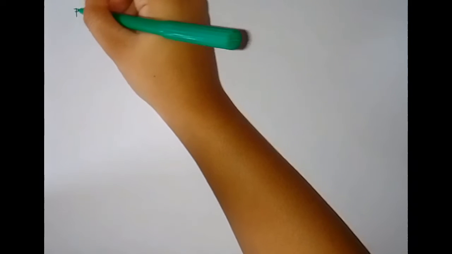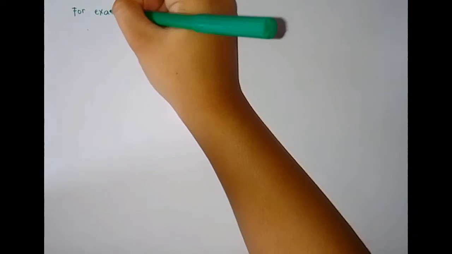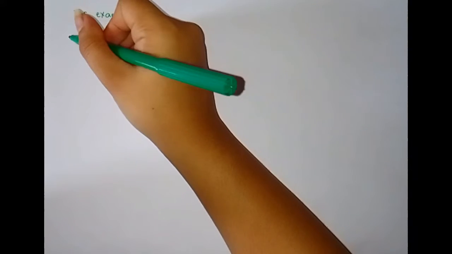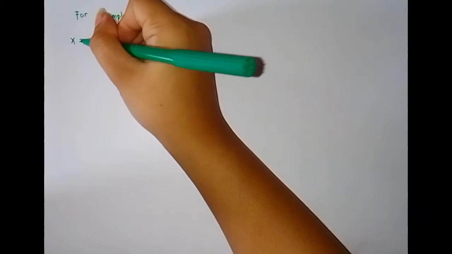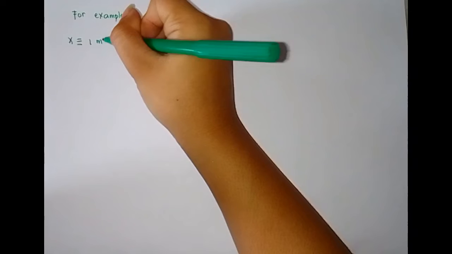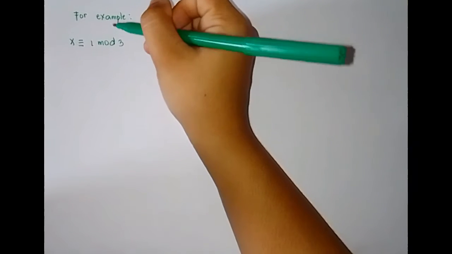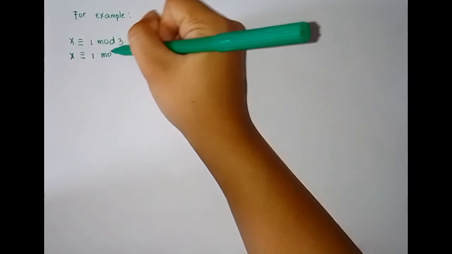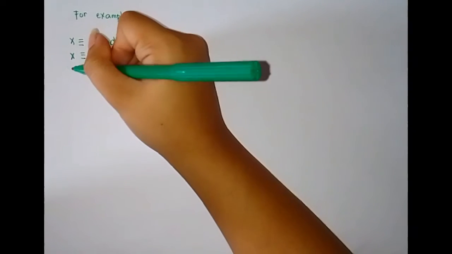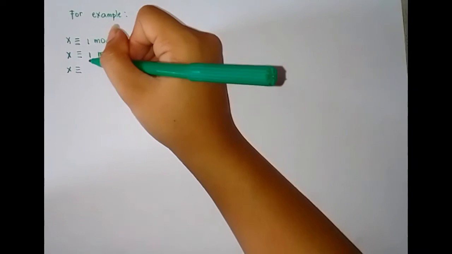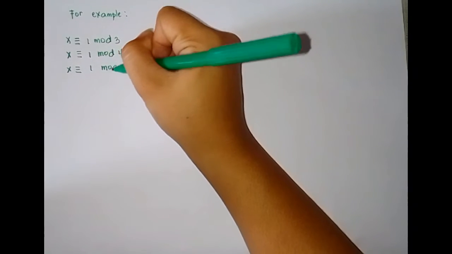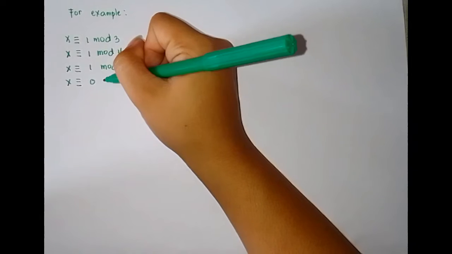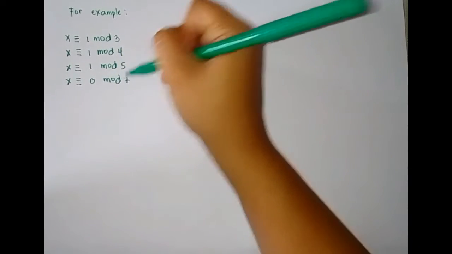So, for example, we have x equivalent to 1 mod 3, x equivalent to 1 mod 4, x equivalent to 1 mod 5, and x equivalent to 0 mod 7.